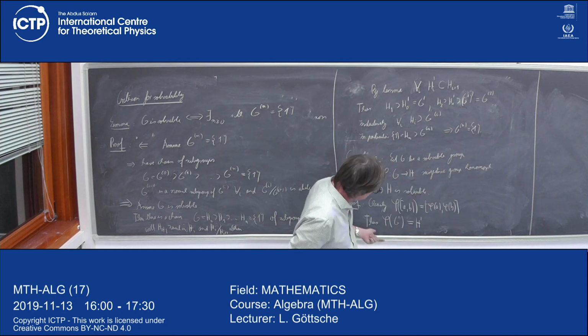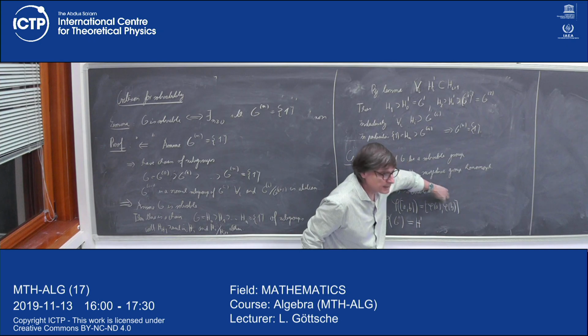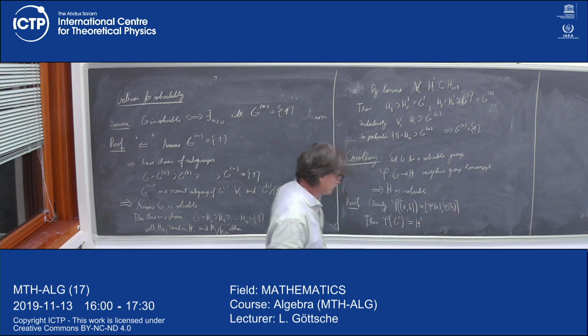But on the other hand, we have assumed the map is surjective, so if these are arbitrary elements, I can get any element here. Therefore, the map is also surjective.